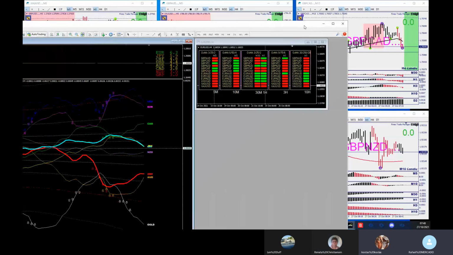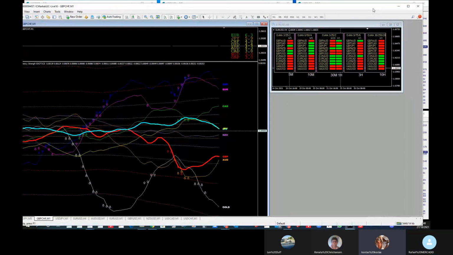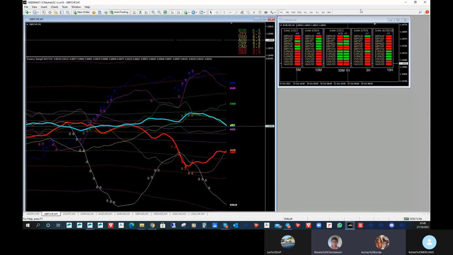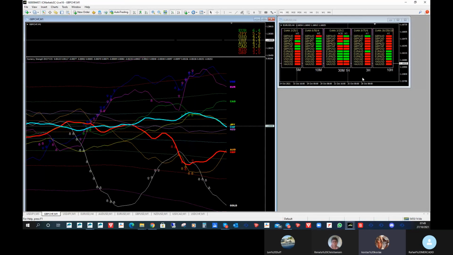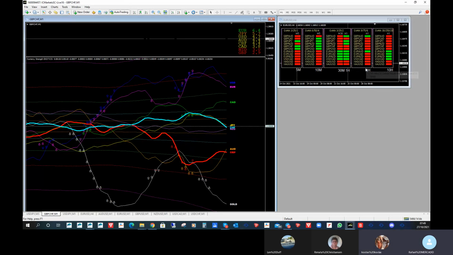My question is, if you see from your analysis that you are going to search for the high of the session to go short, and you see at the 5 minute the three ball, is that the way to go short?